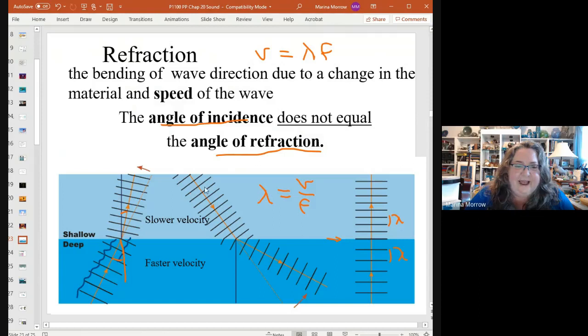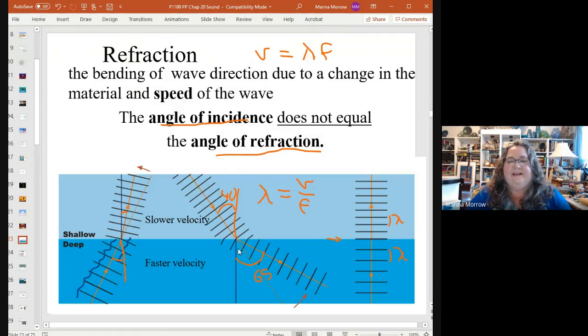This one shows how it happens coming backwards too. So it's going from slower to faster, and you can see how the angle changes hugely here from about 40 degrees, and now it's closer to 65 or so.